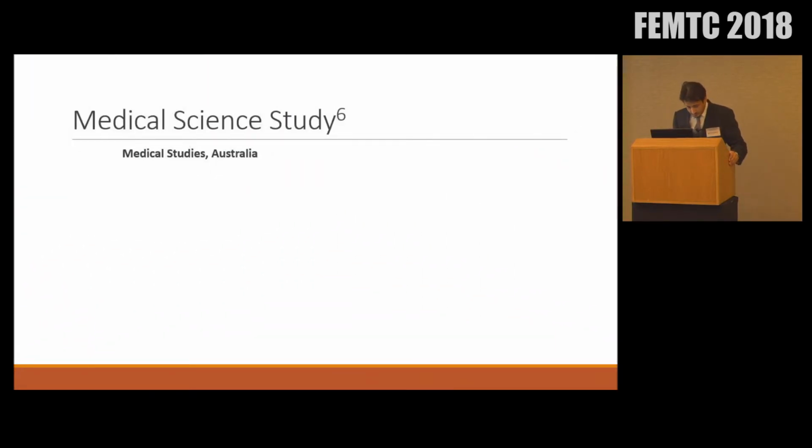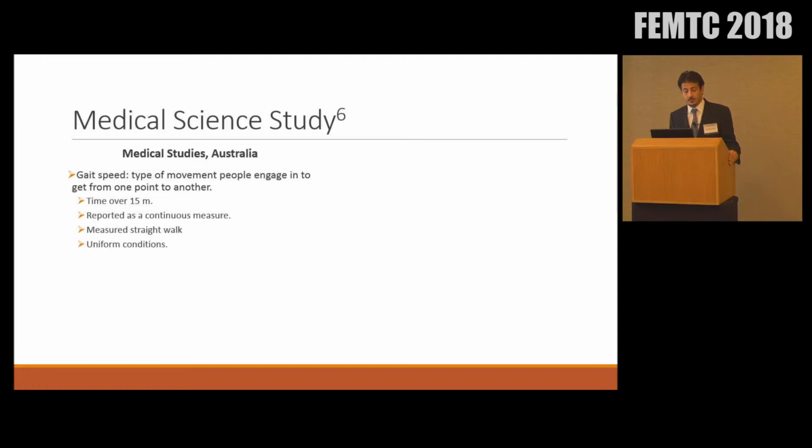And I guess I have two more studies than the simulation I did. Medical studies in Australia studied gait speed, which is basically a type of movement people engage in to get from one point to another. You measure the time over 15 meters.